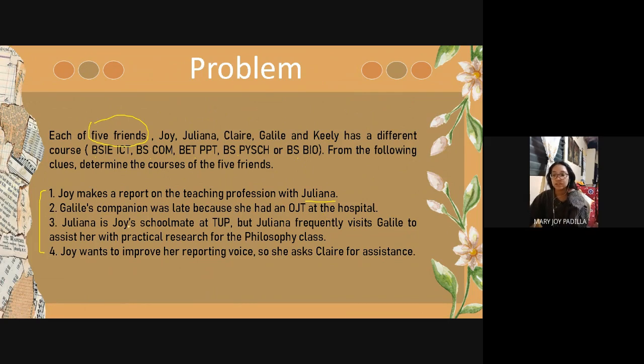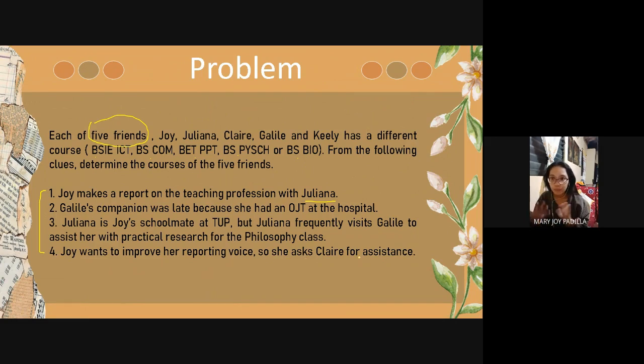Juliana is Joy's schoolmate at TUP, but Juliana frequently visits Galilee to assist her with practical research for the philosophy class. Last, Joy wants to improve her reporting voice, so she asks Claire for assistance.